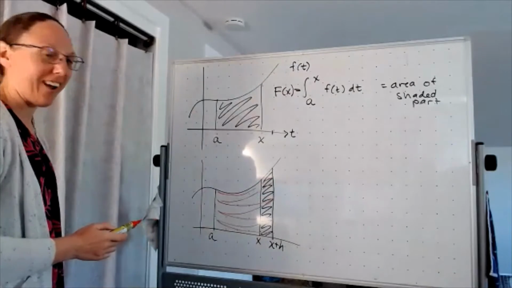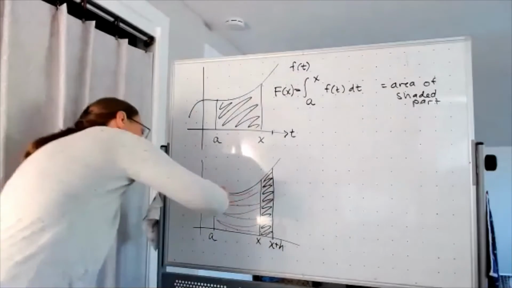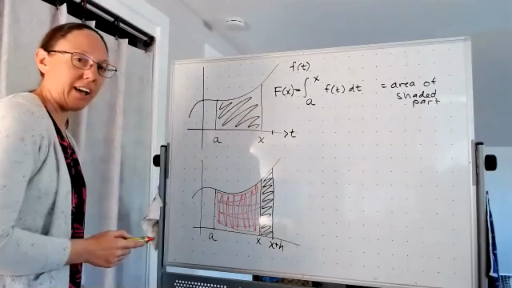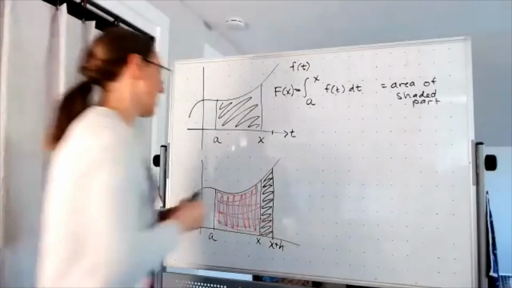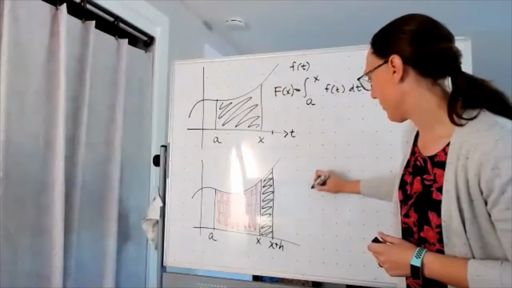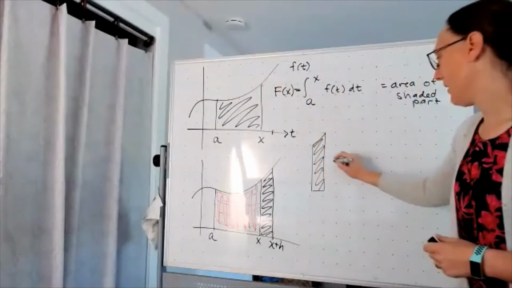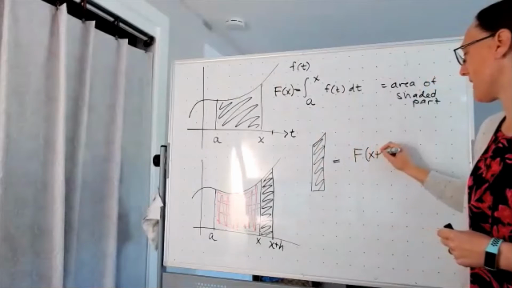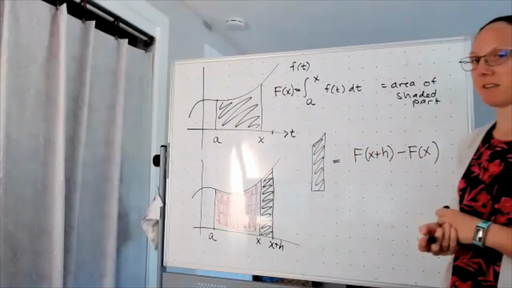The entire area from a over to x plus h, and then subtract off the area in there. So to get the area of this shaded region, I'll just draw it, right? To get this area, that would look like F of x plus h minus F of x.